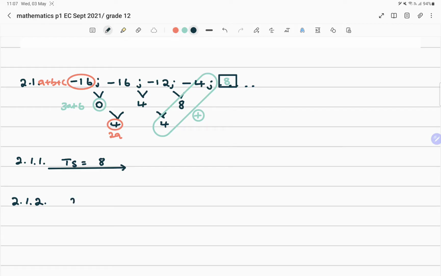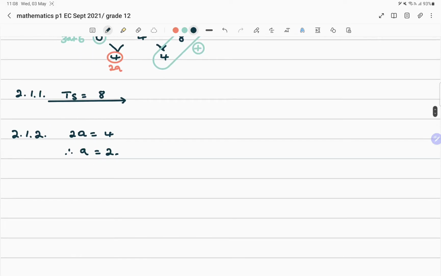So we know that 2a is equal to 4. Therefore, our a is going to be 2. This will imply that 3 into 2 plus b is going to be equal to 0. Therefore, our b is basically minus 6.